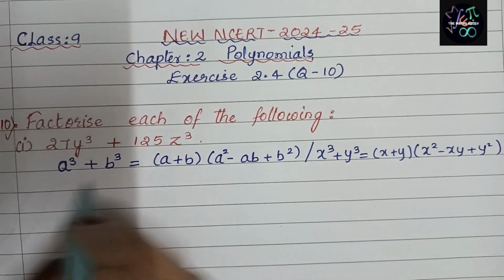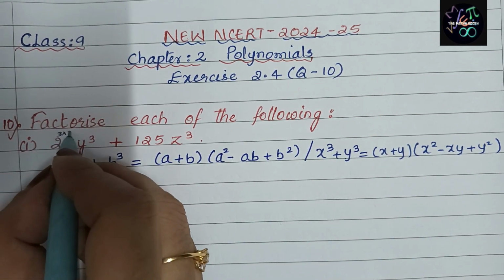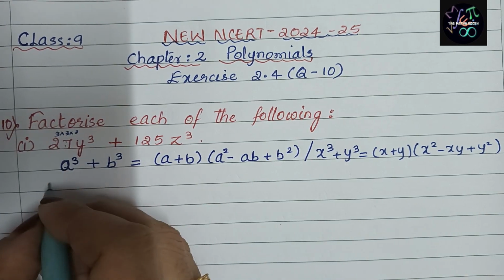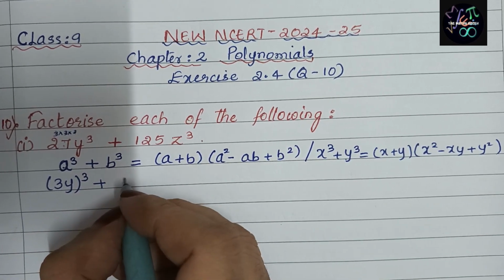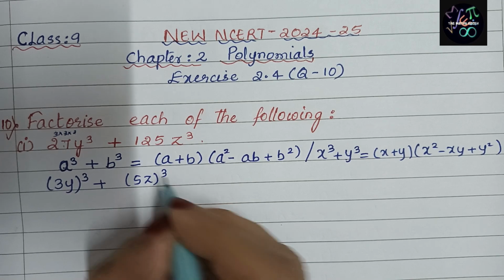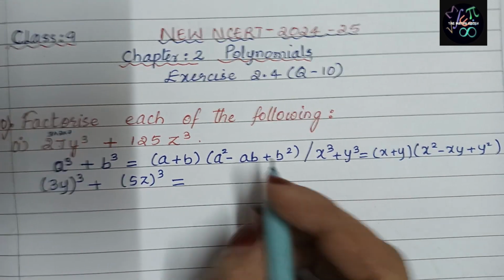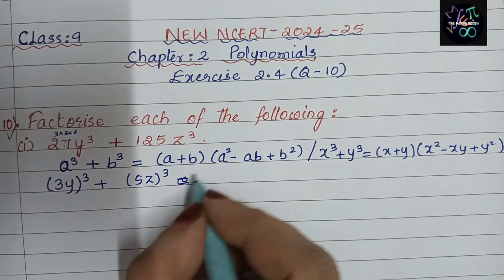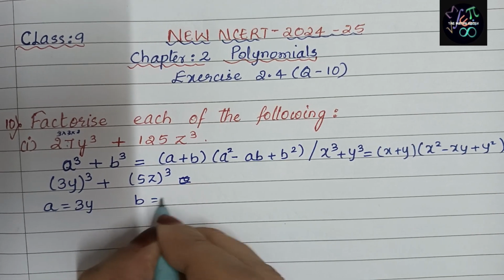So let us consider here, 27 is nothing but 3 into 3 into 3: 3 threes are 9, 9 threes are 27. So I can write 3y cube plus 125 is nothing but 5 fives are 25, 25 fives are 125, so 5z cube. So we have a formula. I will write a value is 3y, b value is 5z.